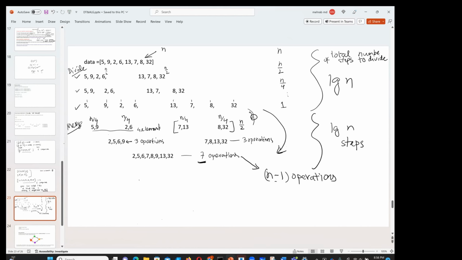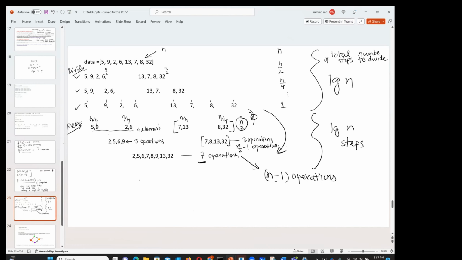So to merge them, I needed n over 2 minus 1 operations, because the total number of elements in these two lists was n over 2.